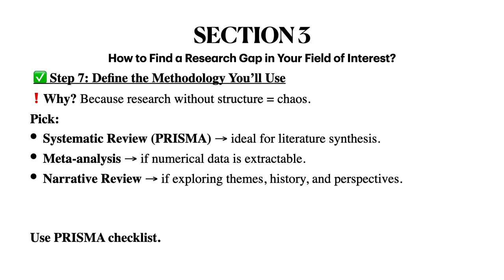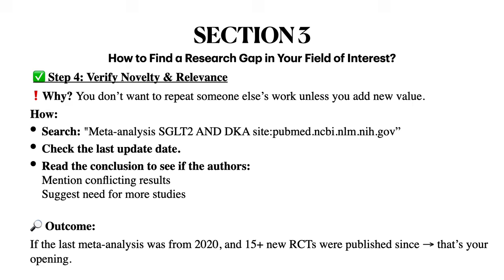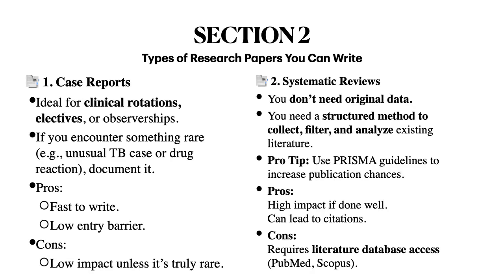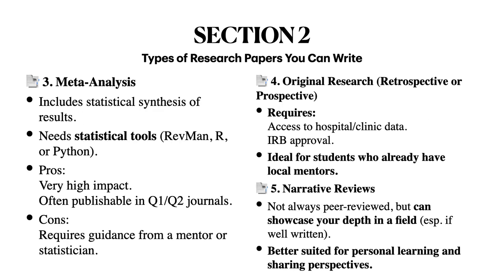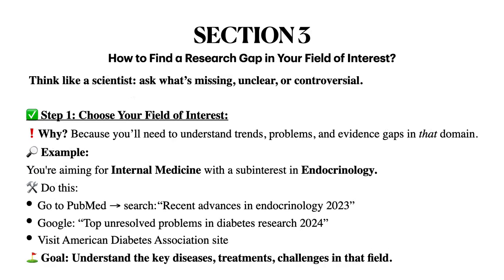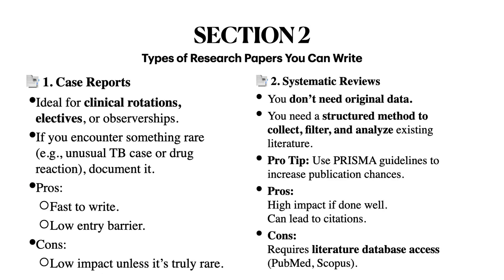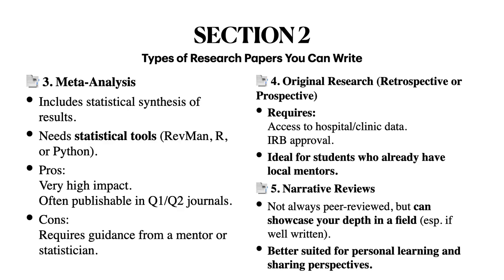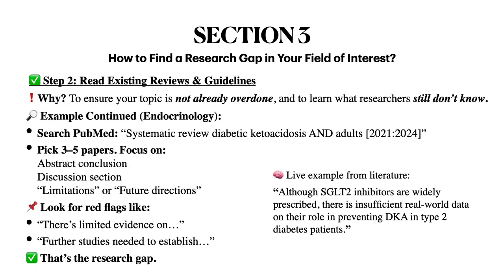The 7th step is that you have to define the methodology you will use. Why? Because research without structure is chaos. So you have to determine which type of research paper you are writing. I have talked about 4: case reports, systematic reviews, meta-analysis, original research. I would personally recommend systematic reviews or meta-analysis if there is enough numerical data.